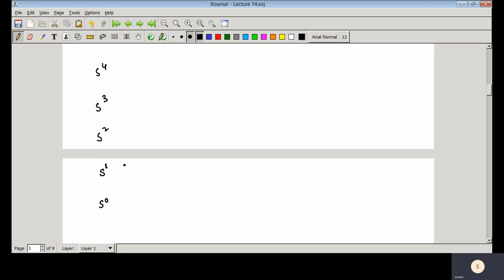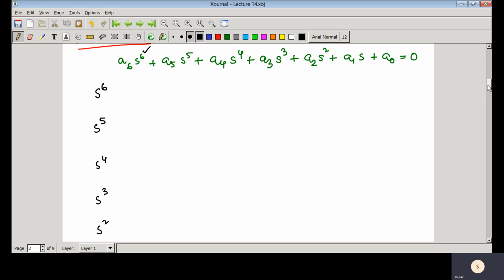So these are all the coefficients. Then we need to write a6, then a4, then a2. So basically we are writing all the even coefficients, and then a0.